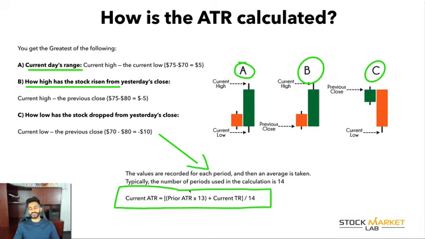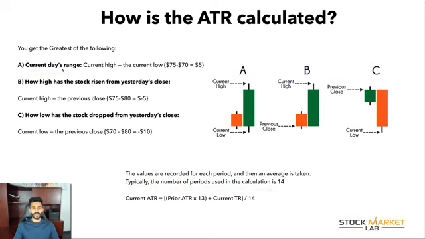Like I mentioned, you don't need to go and do the formula. The system does it for you. The only thing I would say you should understand is what three factors it factors in. It gets the current day's range, today's high and low. It gets today's high and yesterday's close, and it gets yesterday's close and today's low. So it factors all those things in, and that's how the ATR is formulated.